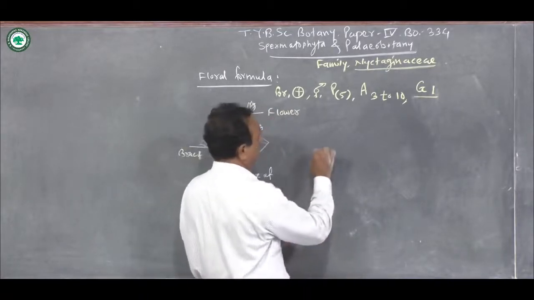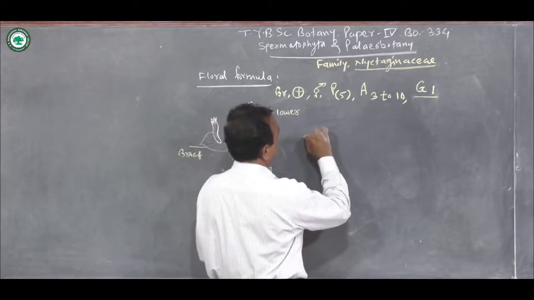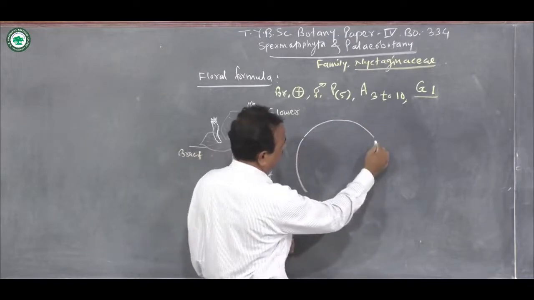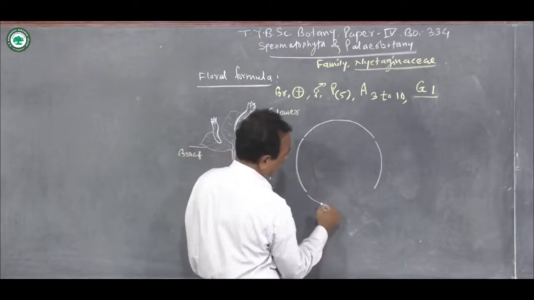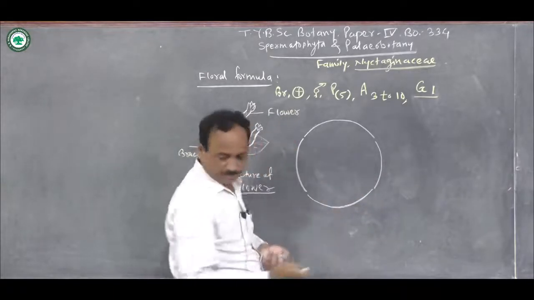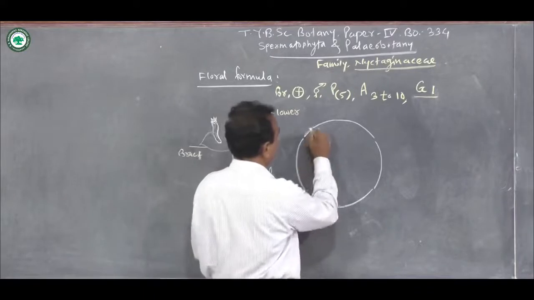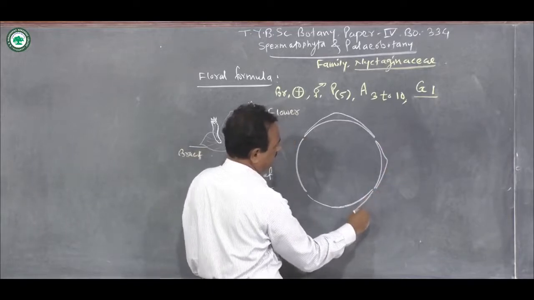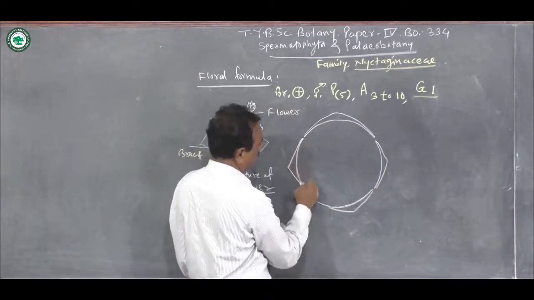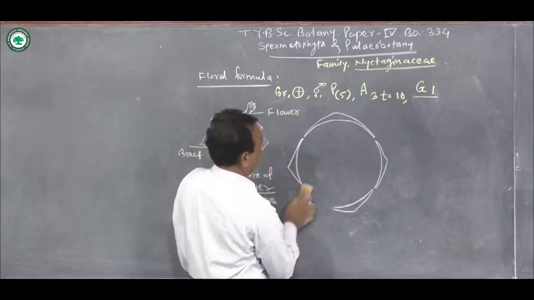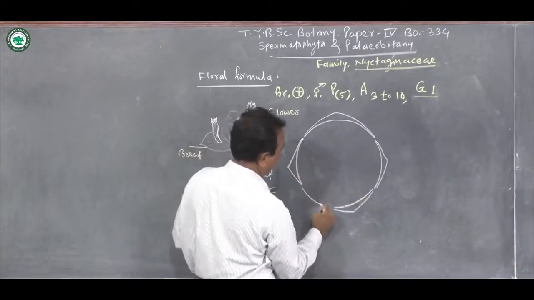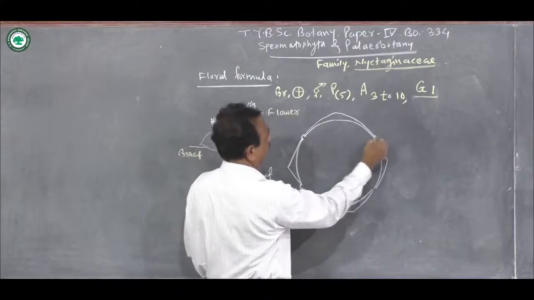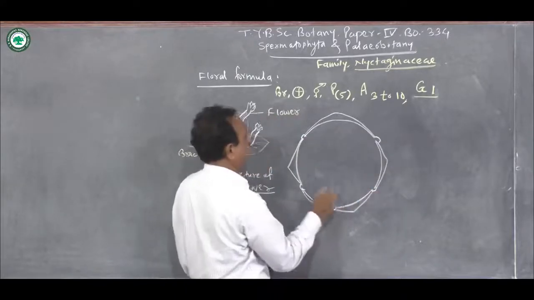Then the floral diagram is very simple, as there is an absence of sepals and petals. Here, this is one perianth lobe or tepal, this is another, this is third, this is fourth, and this is the fifth one. And these tepals are united.